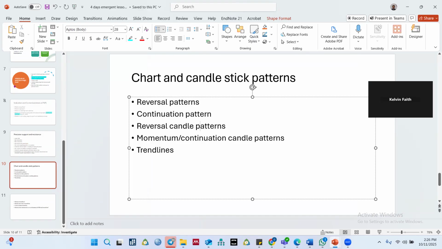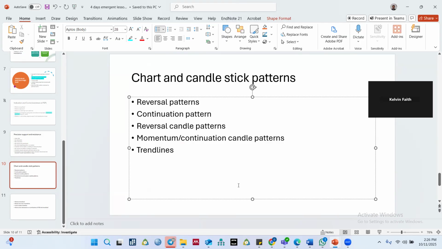And when we talk of candlesticks themselves, mostly what we learn are the reversal candlesticks, bearish reversal and bullish reversal candlesticks. We also have momentum or continuation candlesticks that tell us the trend is going to continue.